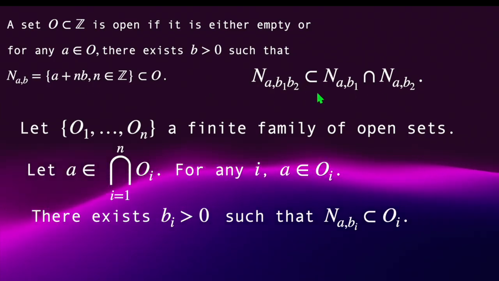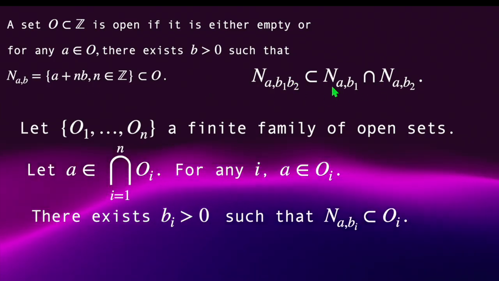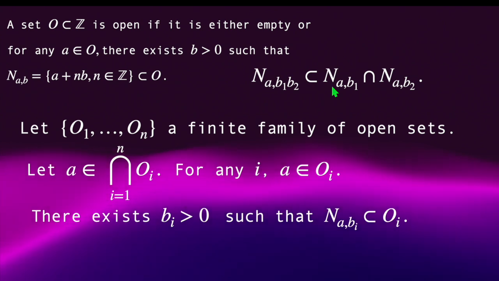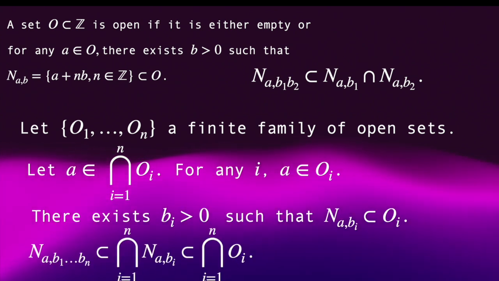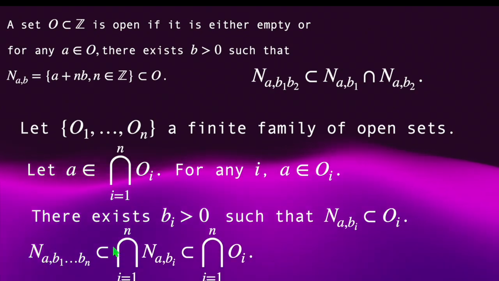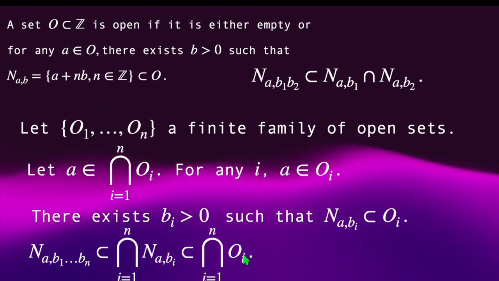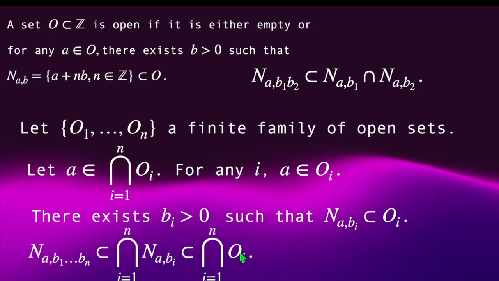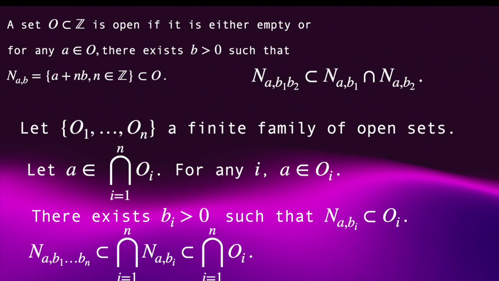So we get this inclusion. Now we use this inclusion to show that N(A,B1...Bn) is contained in the intersection, and this is contained in the intersection of the Oi, and we are done. So now we get a topology on Z.